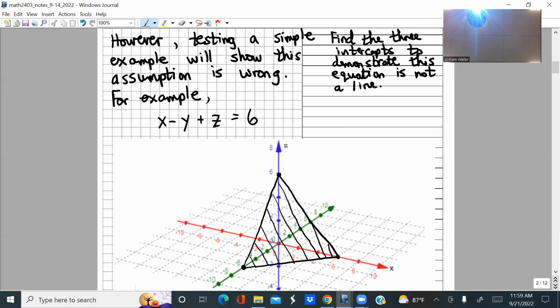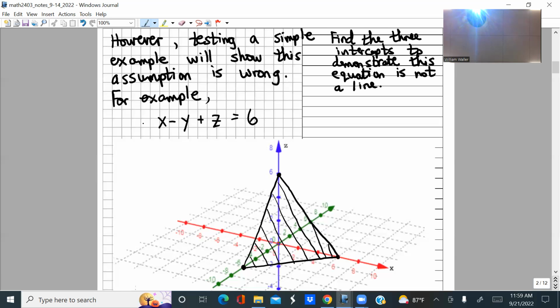Okay, so the moral of that story is that it's not the case, unfortunately, that first degree equations are going to give lines in 3-dimensional space.